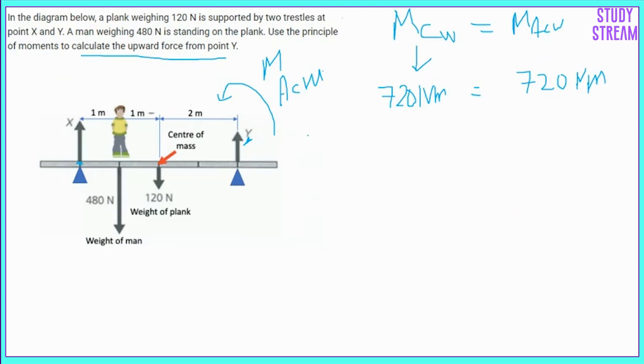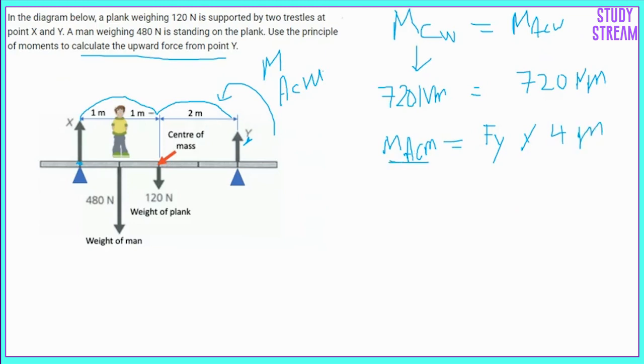So we can say that the anticlockwise moment or anticlockwise rotation is going to be equal to the force at Y multiplied by the distance to the pivot. So the distance is 2 meters plus another 2 meters, so total 4.